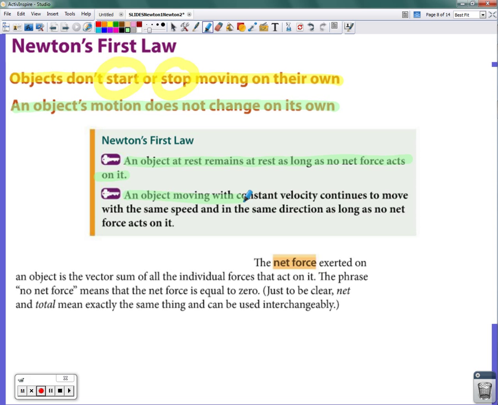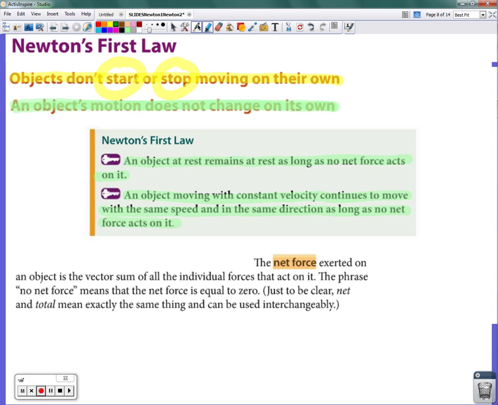An object moving with a constant velocity continues to move with the same speed and in the same direction as long as no net force acts on it. That's the harder part to figure out. These two things together are referred to as Newton's first law. An object's motion does not change on its own.